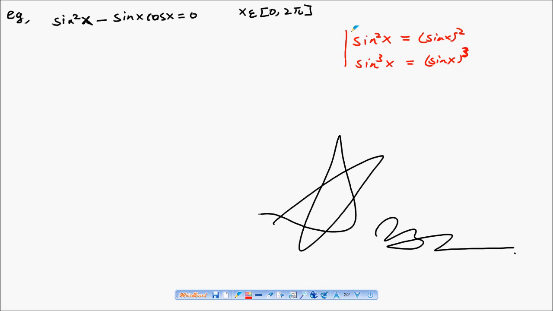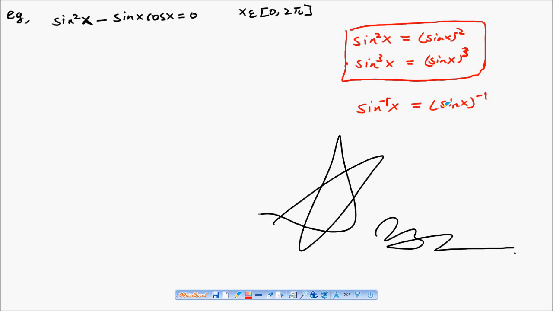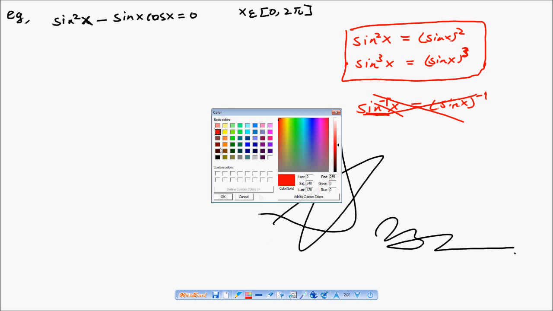So just follow this rule, but most importantly, sine inverse x doesn't equal sine x to the power of -1. This doesn't happen. Don't be confused. This is the inverse x. So let's go back to the question.